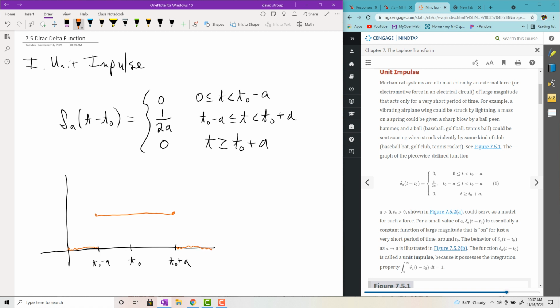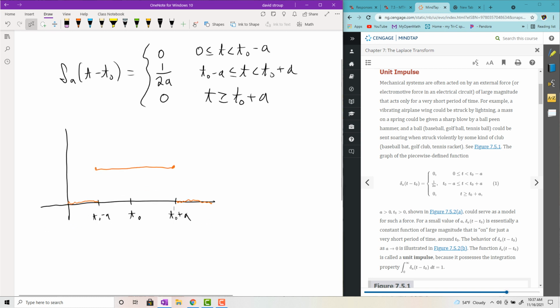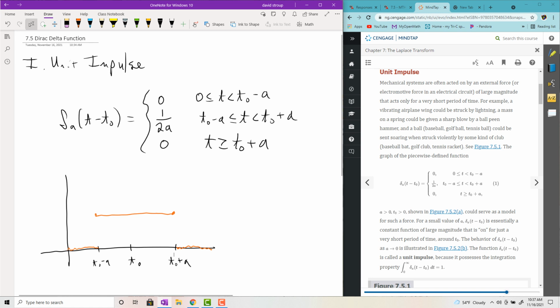We can turn this into the Dirac delta function, which represents getting hit by some external force very quickly, by just letting a go to 0. In the middle part of this function, if you let a go to 0, this thing would go to infinity, and that's kind of what we're after.